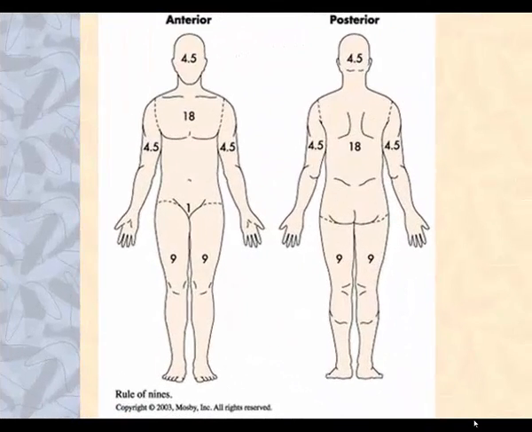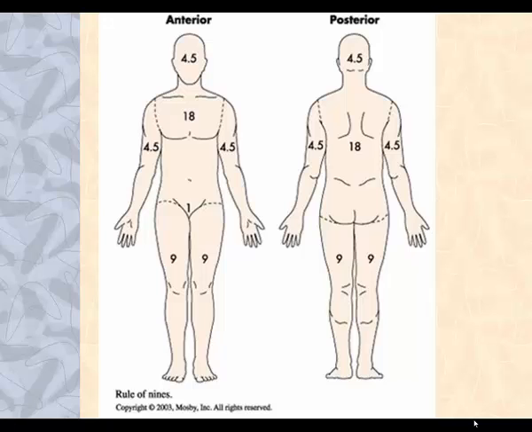Estimation of the burn is done by the rule of nines or the palmar method. These are quick methods to estimate burn size in the total body surface area. You do have this information in both your Med-Surg book as well as I have put documents on Canvas for you to review, print down, whatever you would like to do.